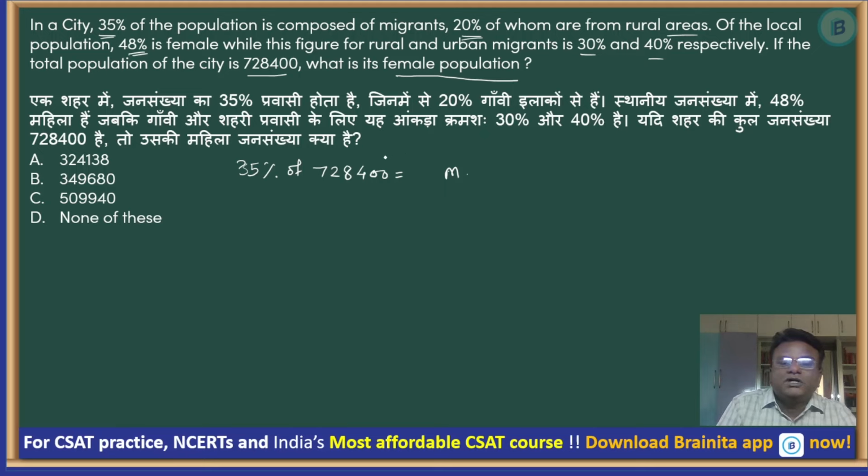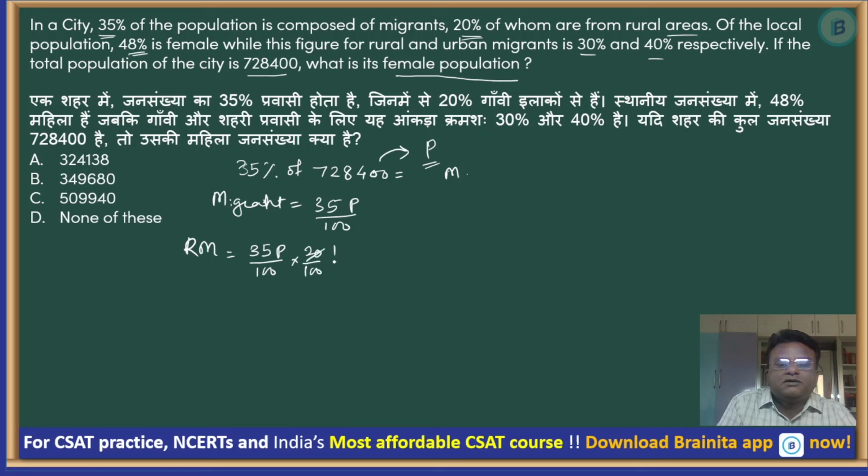I am going to assume that this number is, because it is population, let us say P. So migrant population is 35% of P, 20% of whom are from the rural areas. So rural migrants is equal to 20% of this number, which is 35P by 100 into 20 by 100.